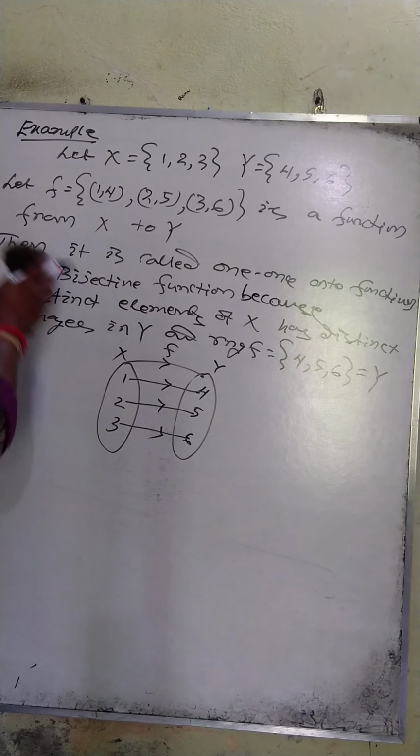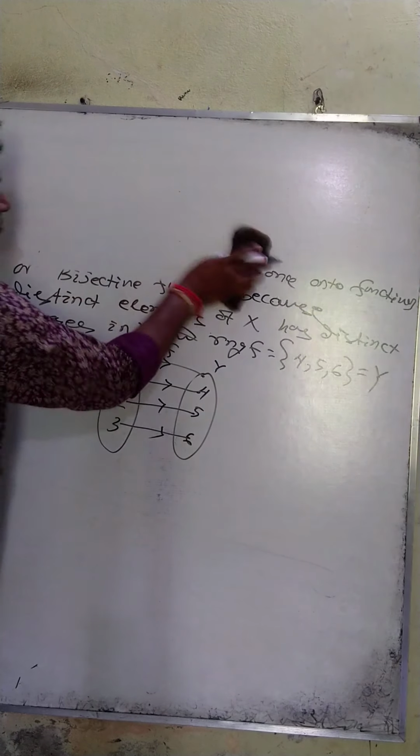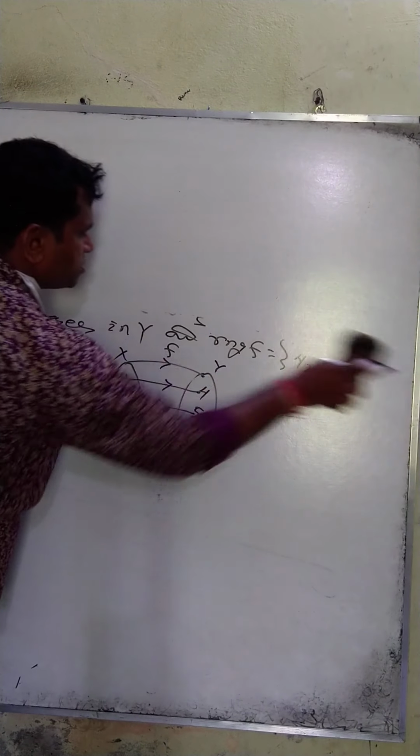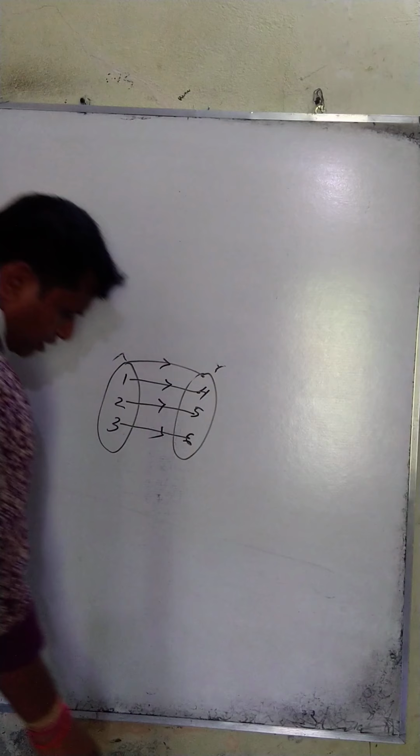Next, inverse of a function. A function has an inverse if it is bijective.